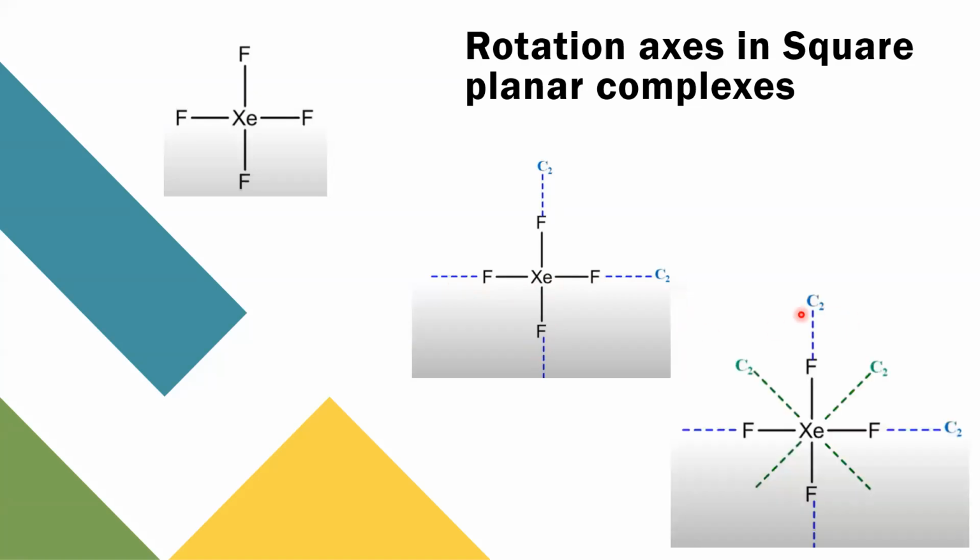Then, in addition to that, you can have a C2 axis like this also, which bisects the F-Xe-F bond. So you get another C2 axis here and another C2 axis here, right? So how many C2 axes are there? 1, 2, 3, 4 in this square planar compound.